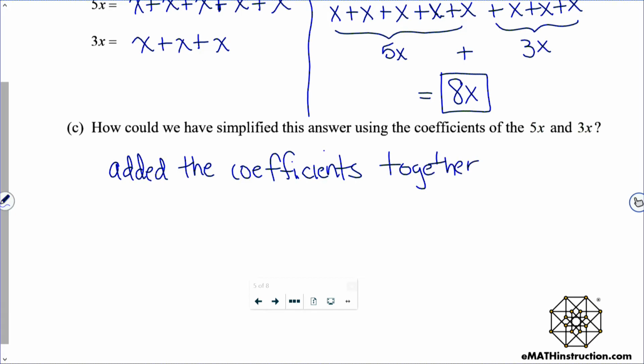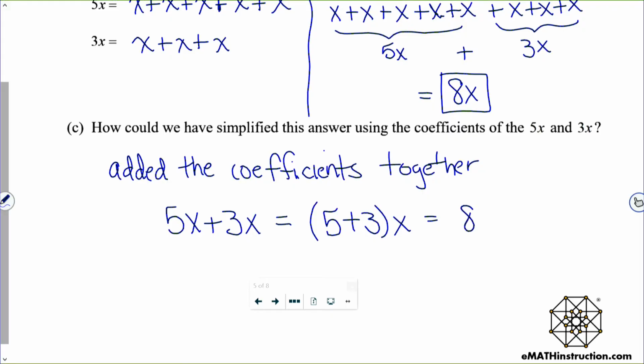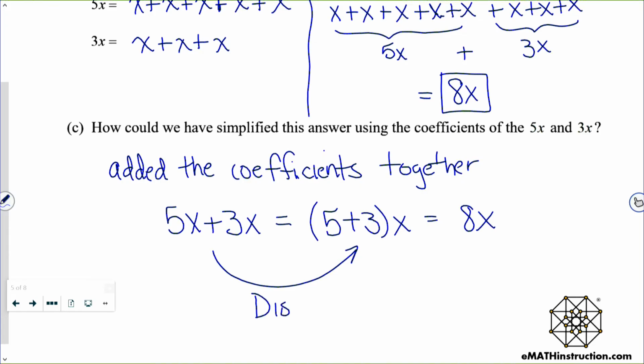What we're really saying is that we could take 5x plus 3x, and we could simplify this by doing 5 plus 3 and then multiplying by x. Now, this kind of looks a little bit like the distributive property, except maybe run backwards.